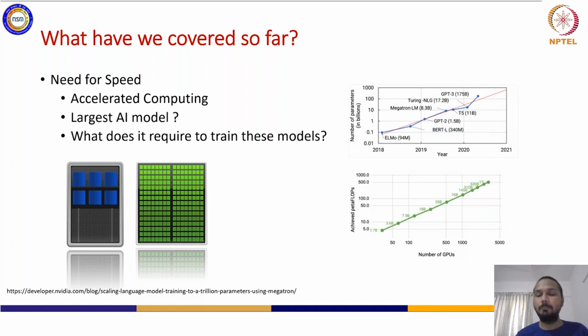Hence, the number of GPUs kept on increasing because you were not able to do it on a single system and you had to actually distribute the work within the system across the GPUs, like 8 GPUs. Nowadays, you get 16 GPUs within one node, but also take it around. One GPU has thousands of cores, and now you're talking about having few thousands of GPUs there.